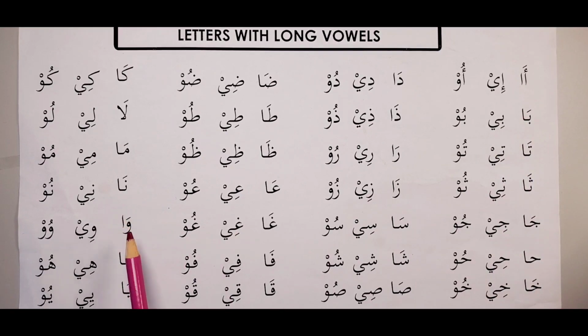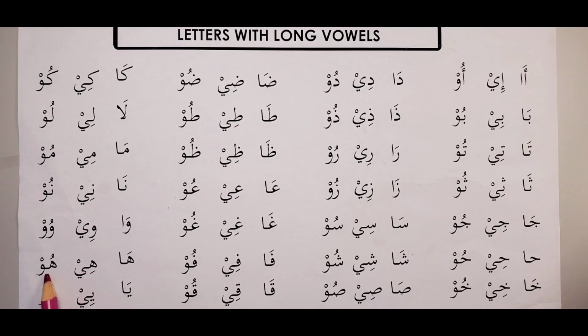Okay, so here we have wa, wi, wu. Wa, wi, wu. Then we have ha, hi, hu. Ha, hi, hu.